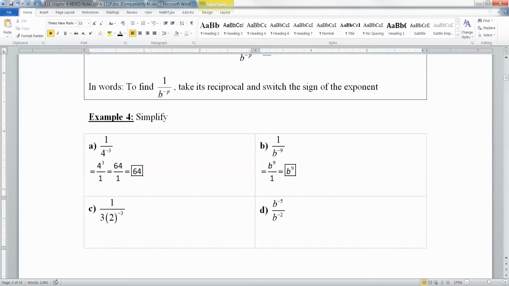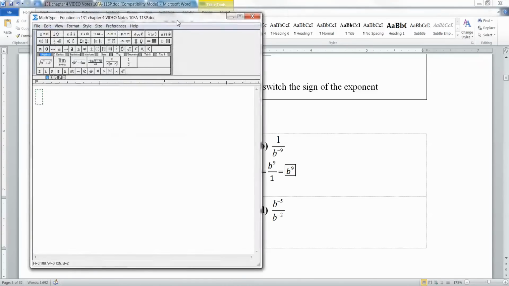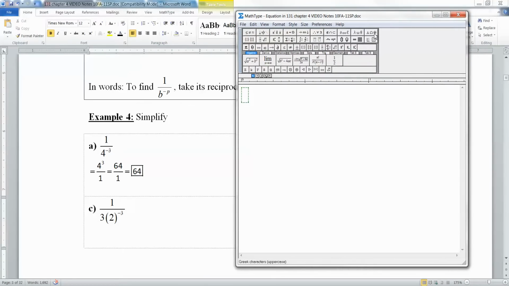All right, now what about C? Okay, so C is a little bit different than A and B. C is actually kind of closest to A, but C's got a bit of an issue because who has the negative power on this one? Right? It's 3 times 2 to the negative third.